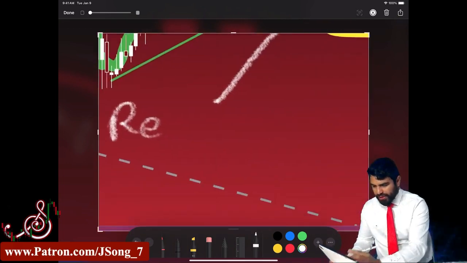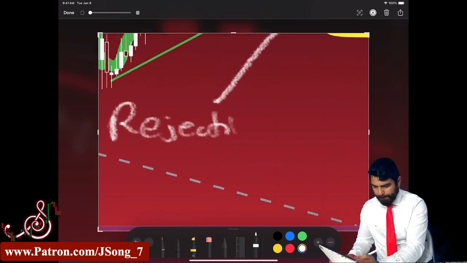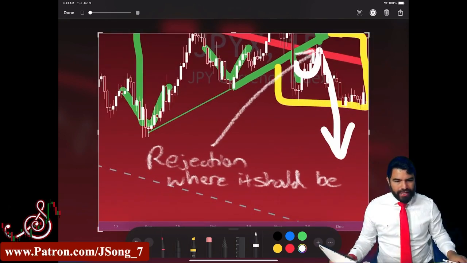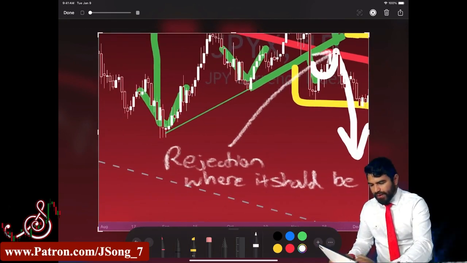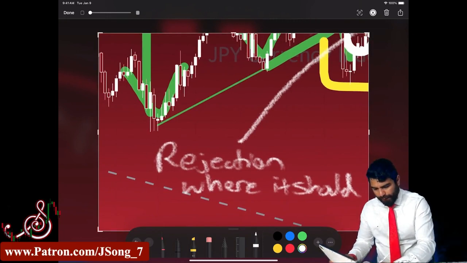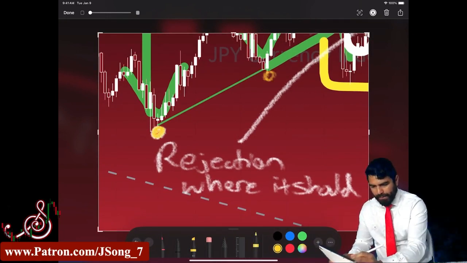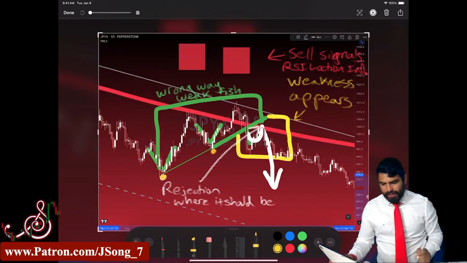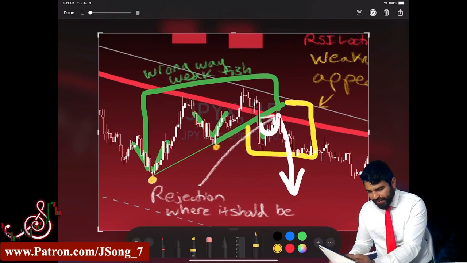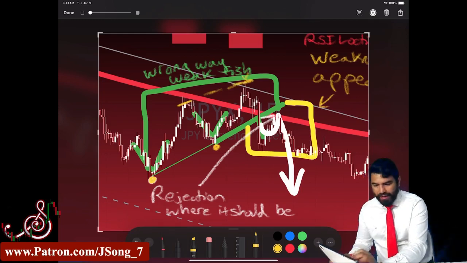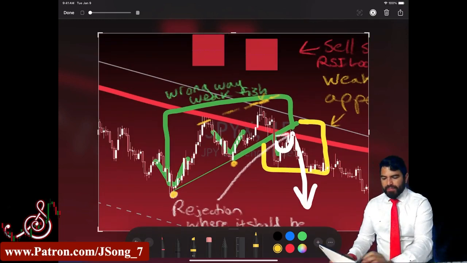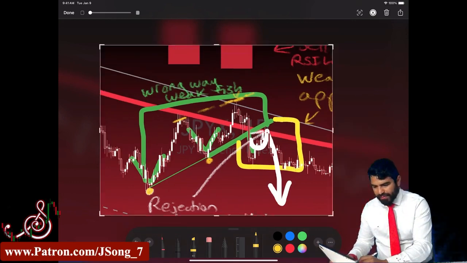Rejection where it should be, because it's on the underside of the trend line. There's a smaller energy center. Smaller energy center. If you were to create the phantom right here, you would have had verification up at the top. Something like that. It's probably close.